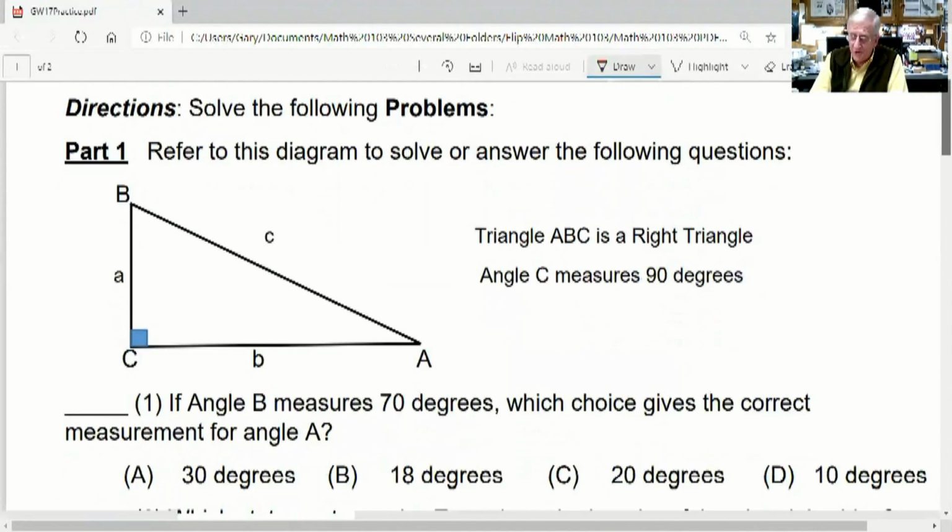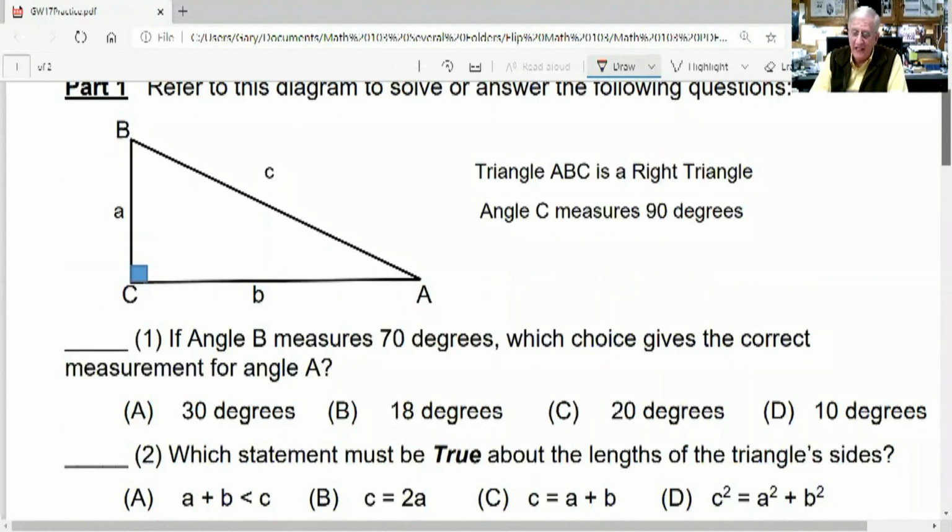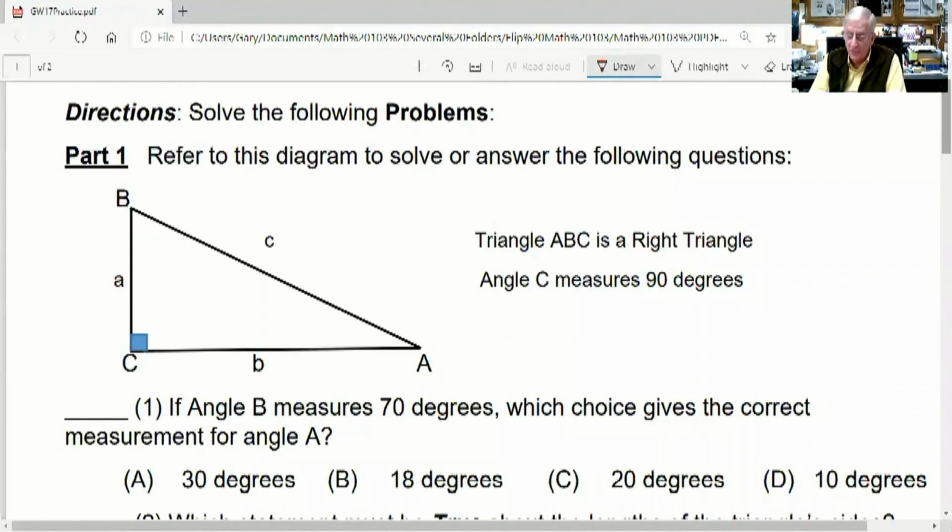Okay. Question 1 says, if angle B in this figure measures 70 degrees, which choice gives the correct measurement of angle A? Well, now if I go up here, if this is 70 degrees, we want to know what angle A is, which is the X. Of course, we know this is 90, right? And we know all the angles of a triangle have to add up to what? 180 degrees.